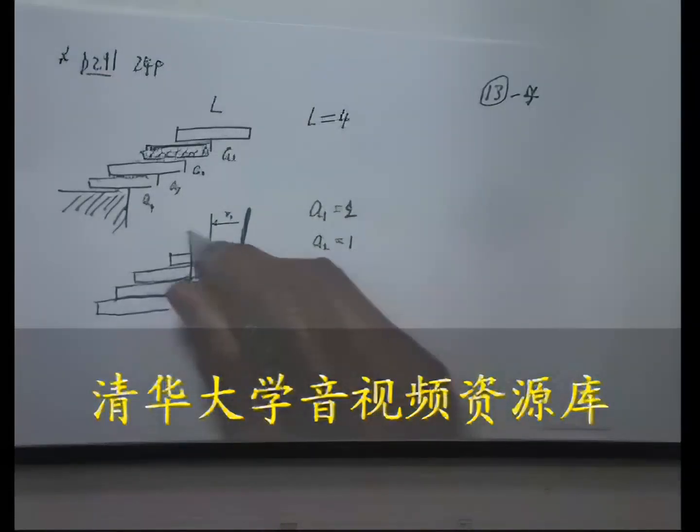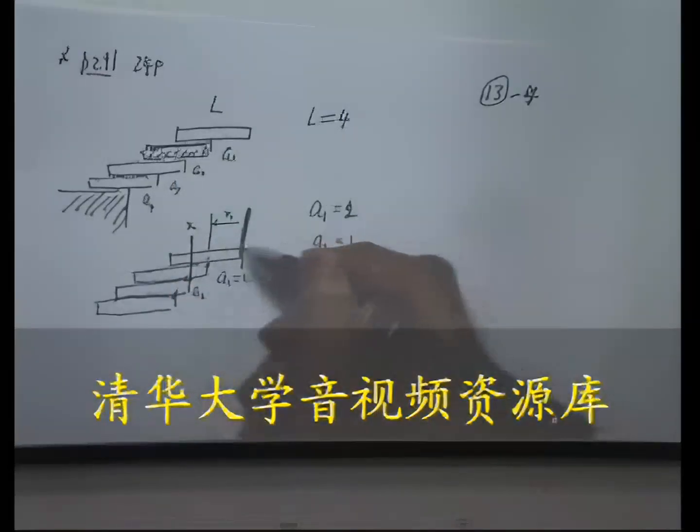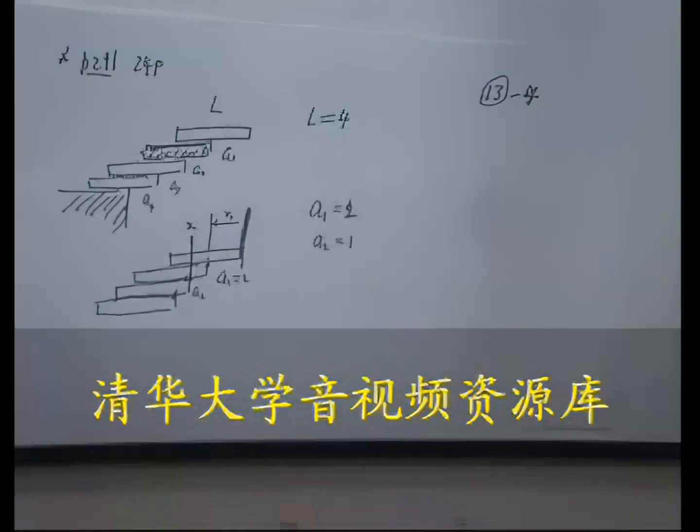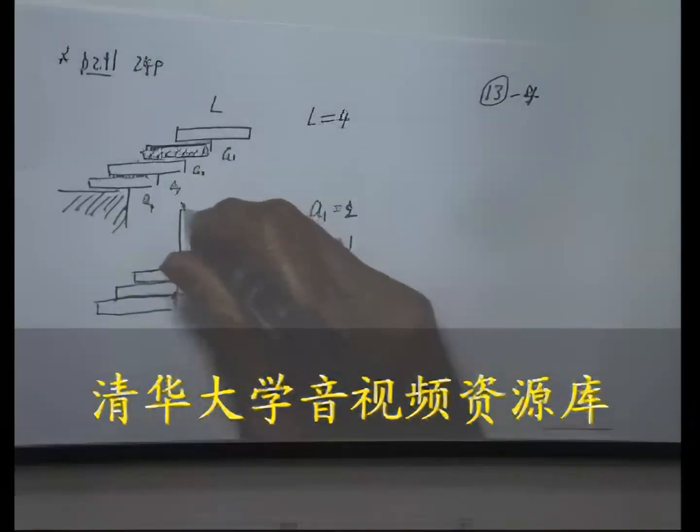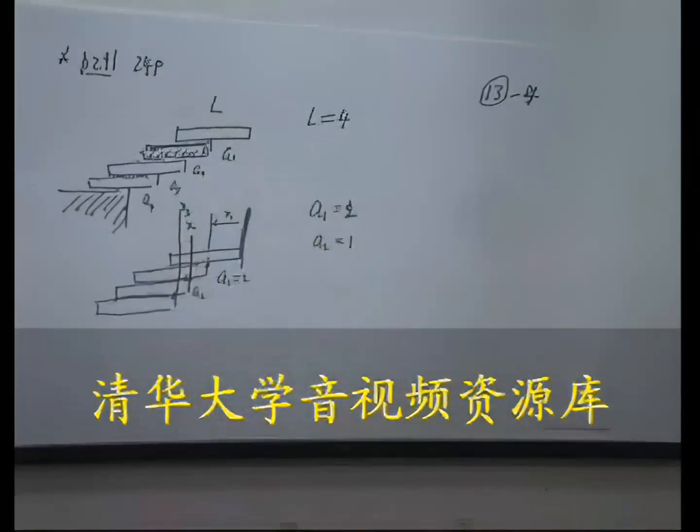This we call x2. x2 is the x coordinate of the center of mass of the top two blocks. And this one we call x3. x3 is the position of the center of mass of the top three blocks. So we know x1 is equal to 2.